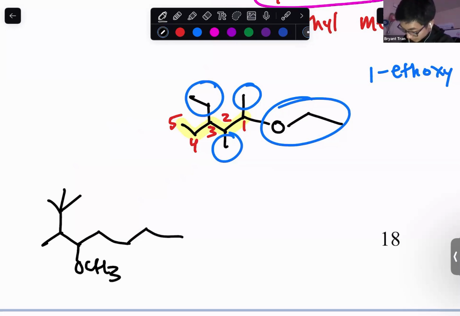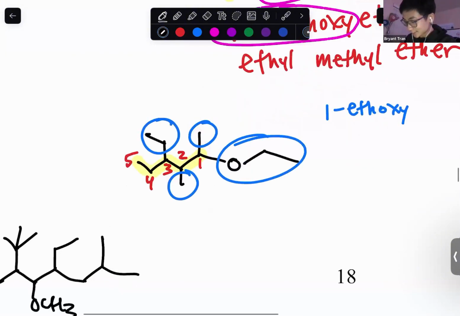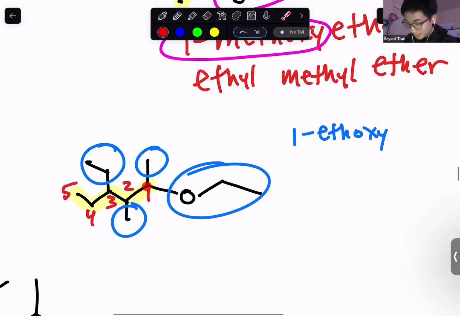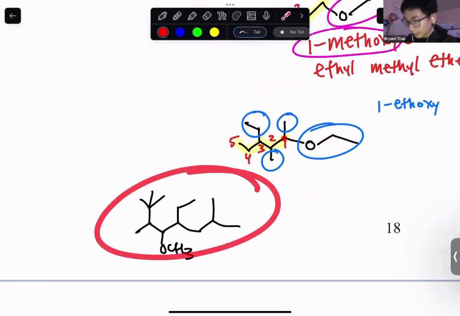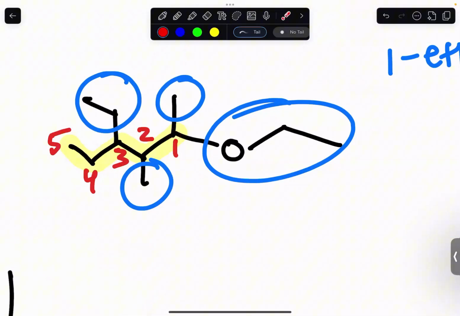It doesn't have to always be 1, because if I give you this ether here, it would be different, right? But let's focus on this one first, where the ether is going to be on carbon 1, but in this one here, the oxy would not be on carbon 1, right? Okay.